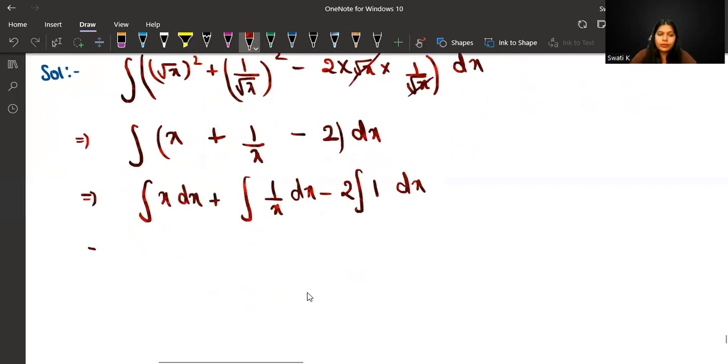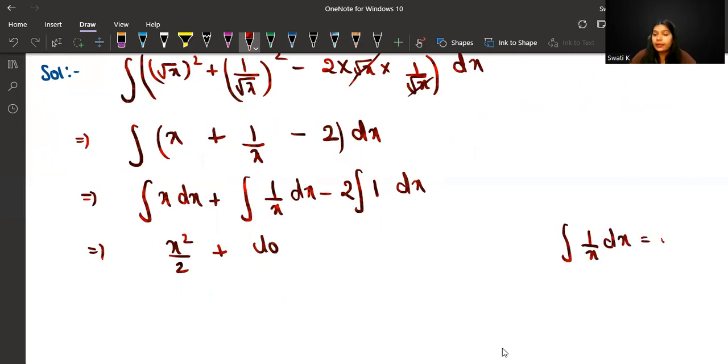So this will become x square upon 2 using the same formula x raised to n. And what is the integration of 1 upon x? It will become log x because there is a formula that integration of 1 upon x dx is log mod x.